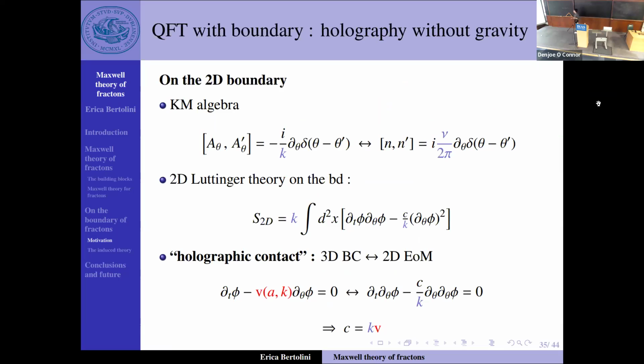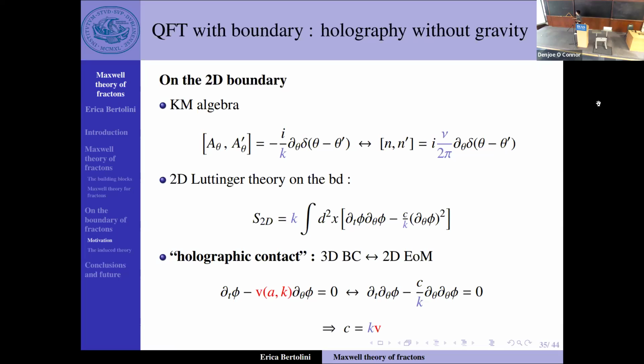By taking the functional derivative of that Ward identity, one also finds an algebraic structure which is a Kac-Moody-like algebra. This can be related to the Kac-Moody algebra of the edge states of the quantum Hall effect, and this allows us to relate the coupling constant of the Chern-Simons theory with the filling factor of the quantum Hall effect.